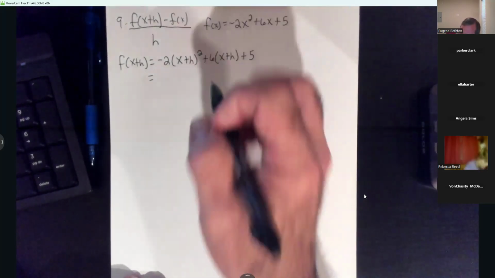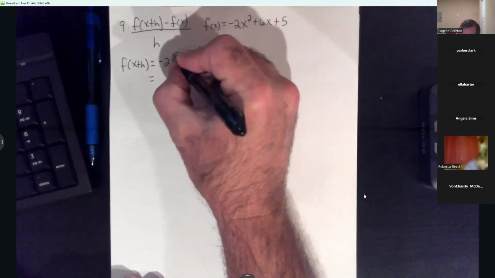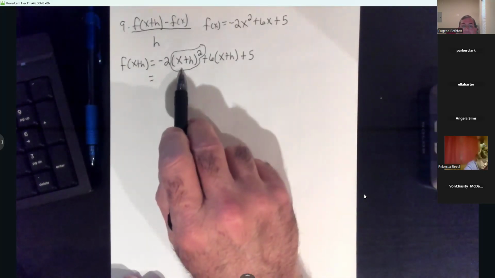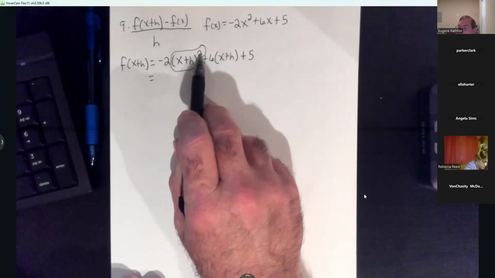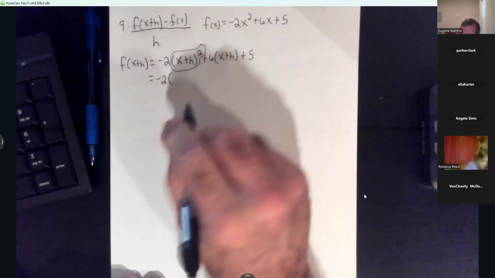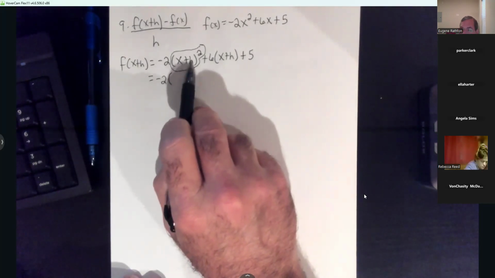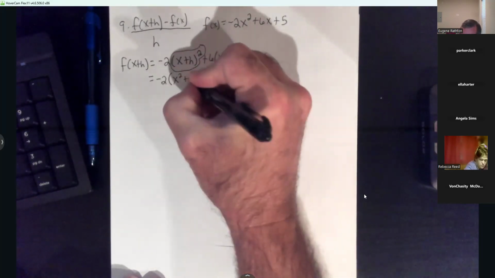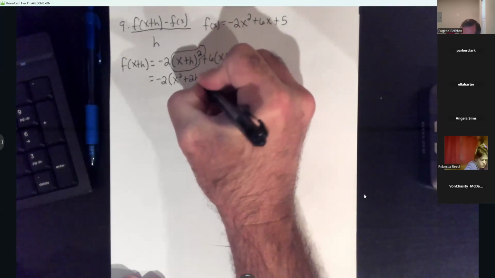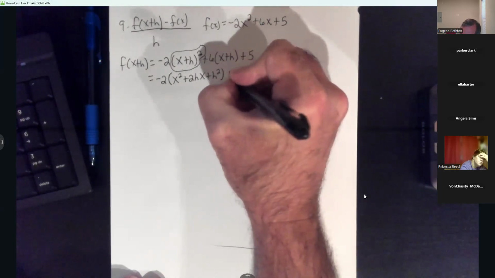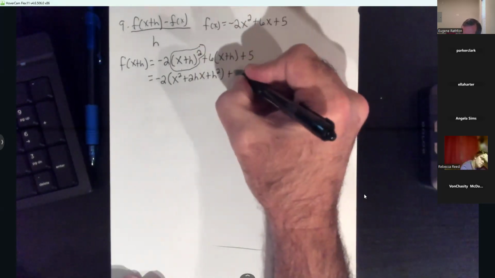All right, so the first thing I would do is figure out x plus h squared because it's got the exponent. It goes first. So bring down your -2. When we FOILed this out every time, we got x squared plus 2hx plus h squared. I'm just bringing everything else down now.